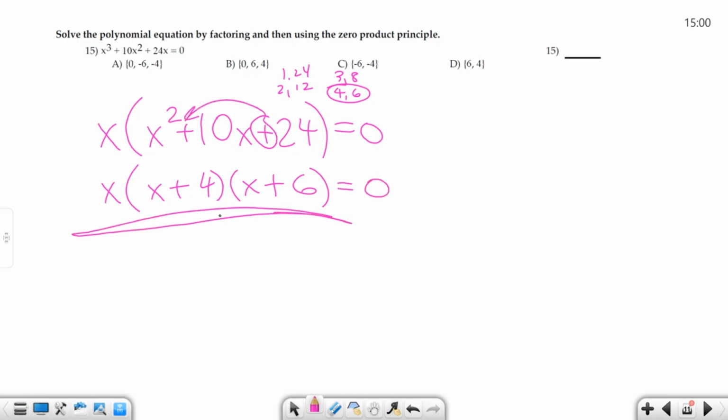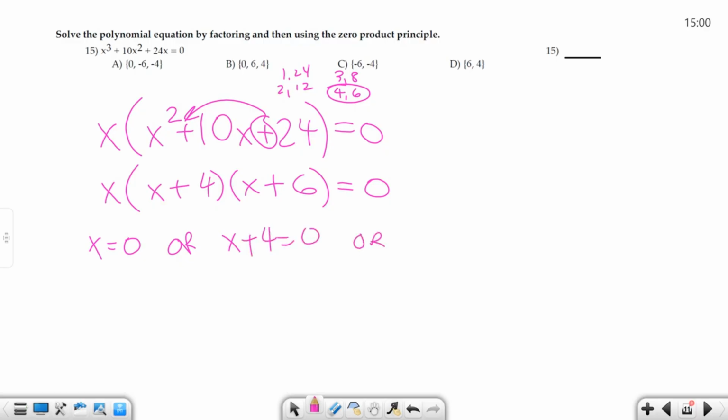Now this is completely factored. So since it's completely factored, what do I do? I set each one of these things equal to 0. So x is 0, or x plus 4 equals 0, or x plus 6 equals 0.